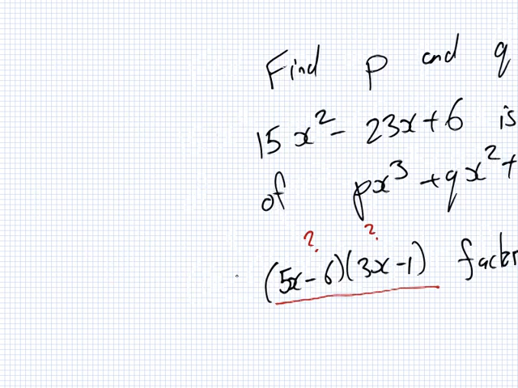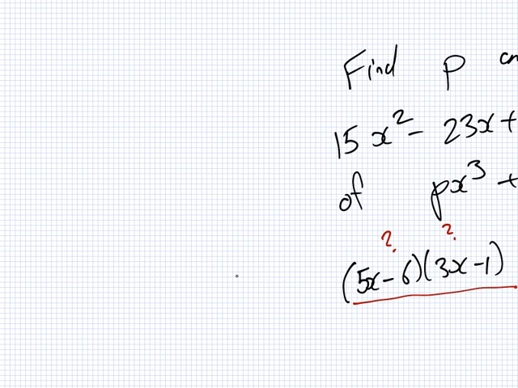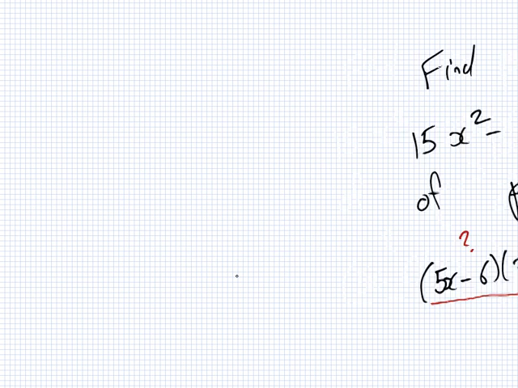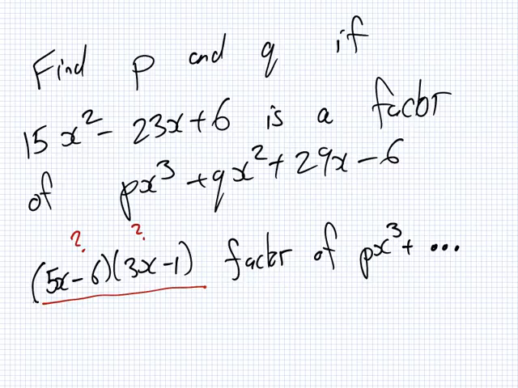So let's just pick an example with numbers just to double check our idea. So we know that this together is a factor of the cubic. But that's not helpful. We would love to know, is this a factor and is this a factor separately?